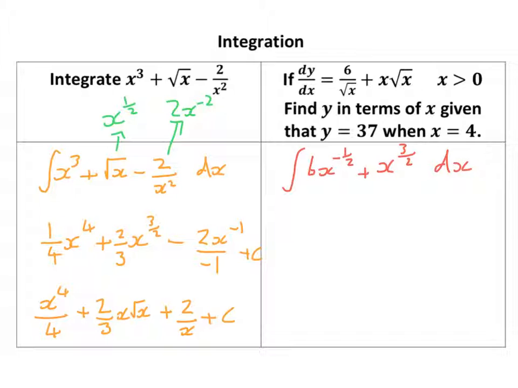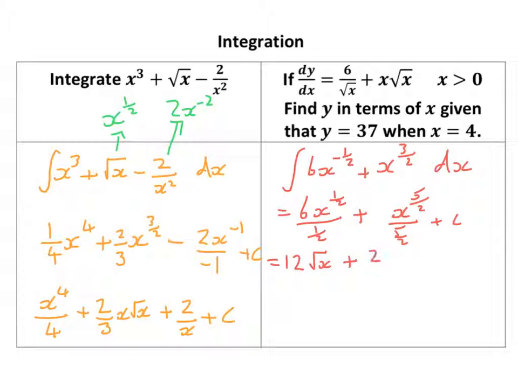We get 6x to the power of half over a half, plus x to the power 5 over 2 over 5 over 2, plus c. Now I'm going to simplify this, so we get 12x to the half plus 2/5 of x to the 5 over 2 plus c.